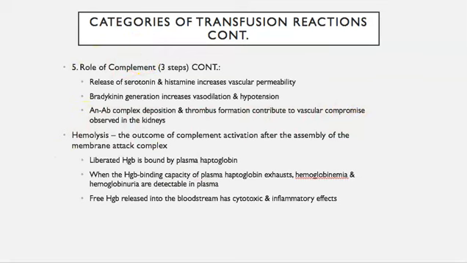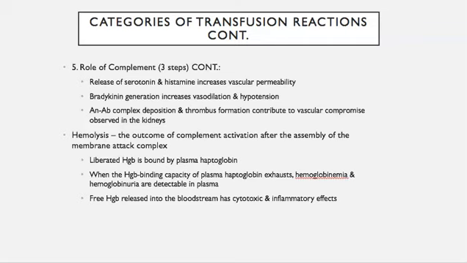And then hemolysis, which is the outcome of complement activation after the assembly of the membrane attack complex. So at this stage, you've got liberated hemoglobin is bound by plasma haptoglobin.